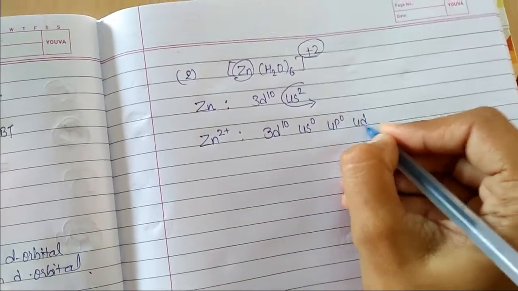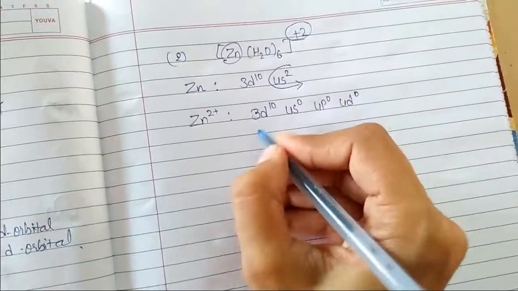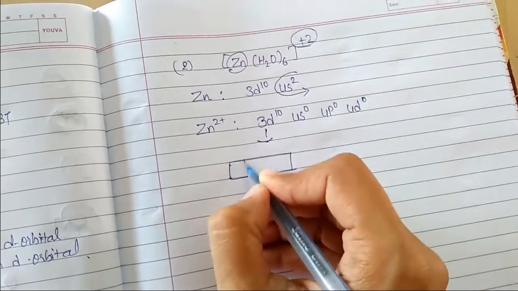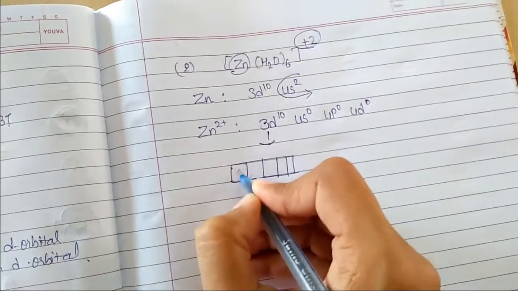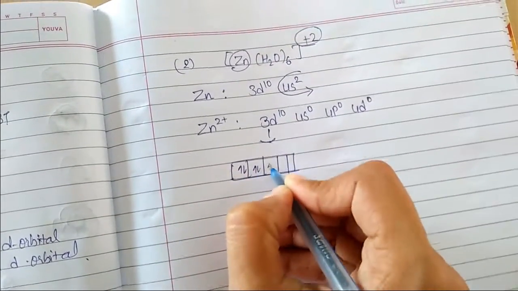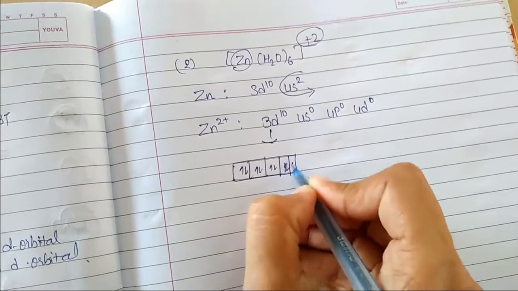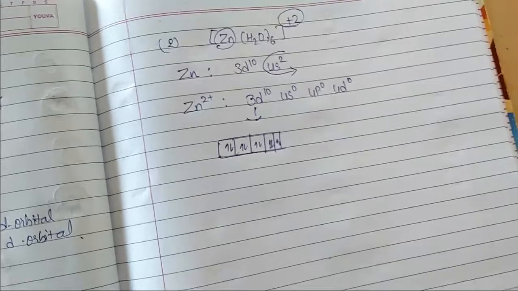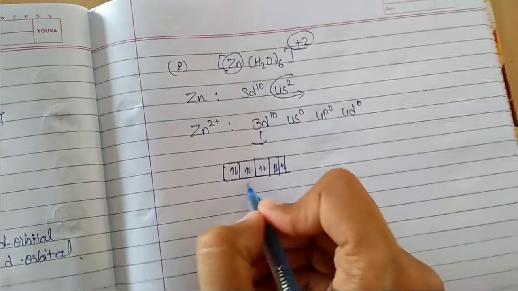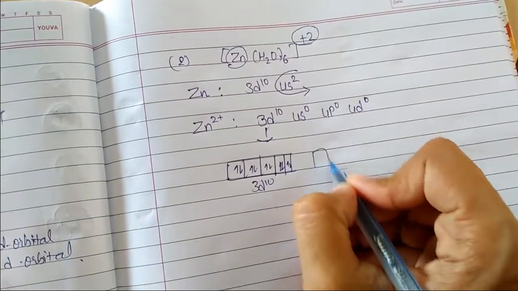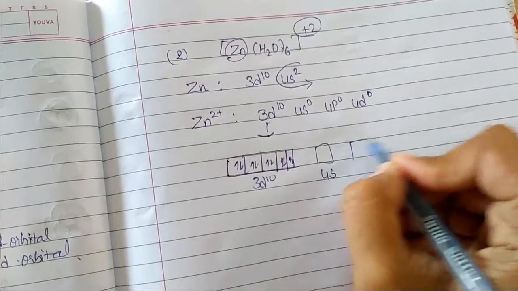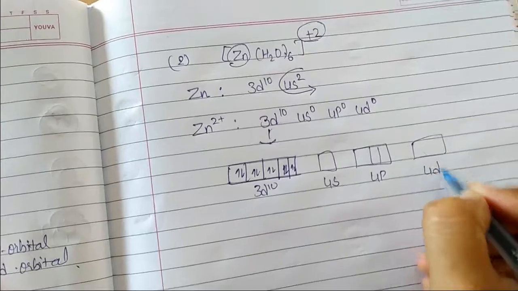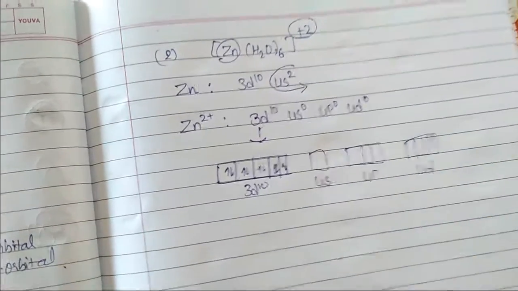4p0 and 4d0. Now let us make the orbital structure. So the d orbital is completely filled; 10 electrons are there in the d orbital. And now the water ligand will approach this. But as the d orbital is completely filled, there are vacant 4s, 4p and 4d orbitals.